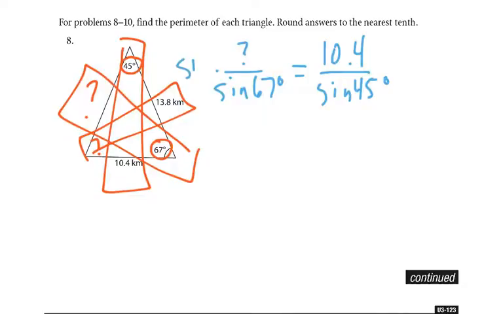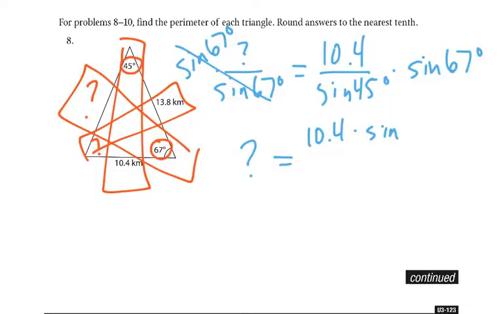So I times by the sine of 67 degrees on both sides. That leaves me with question mark on the left side. So I've got 10.4 times the sine 67 degrees over the sine 45 degrees. I type that into my calculator, and that'll give me my answer.